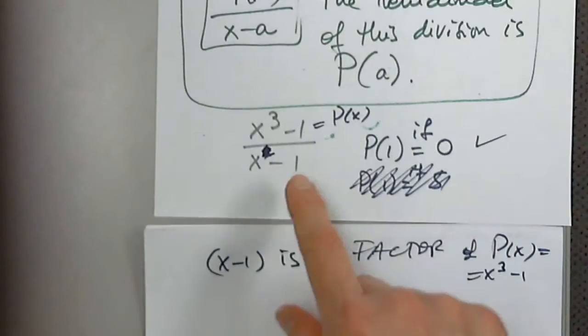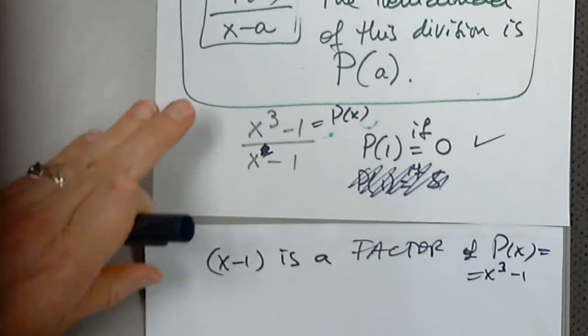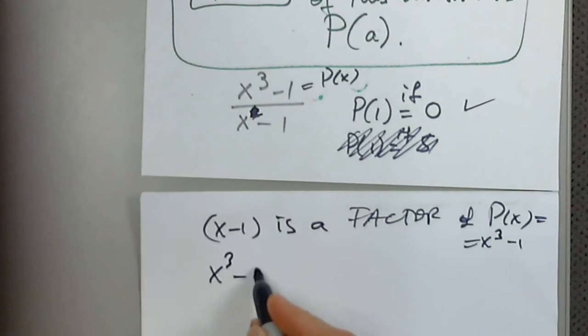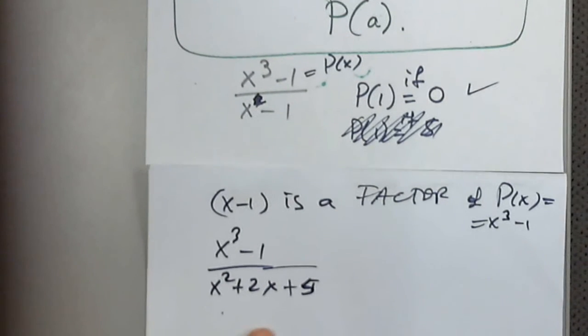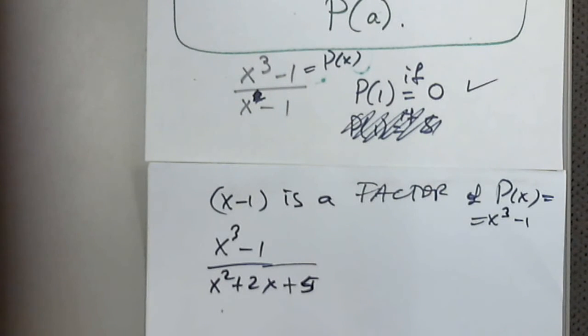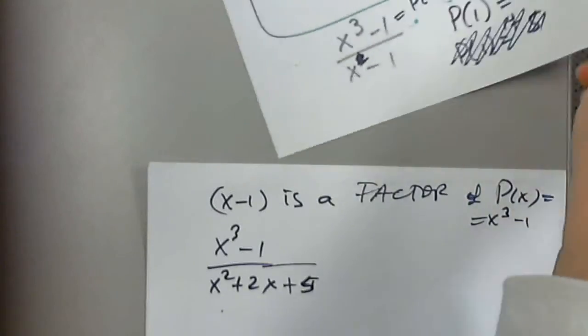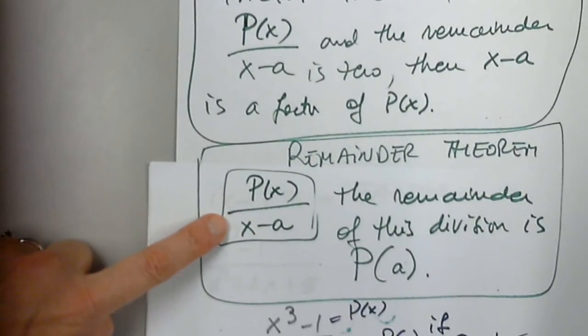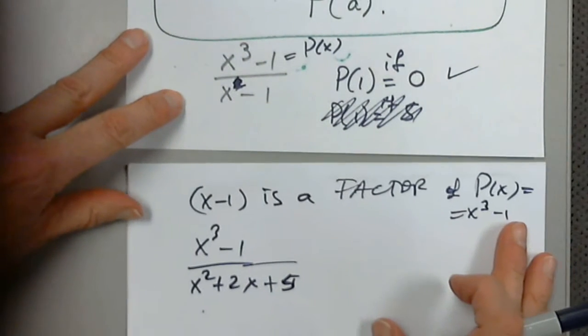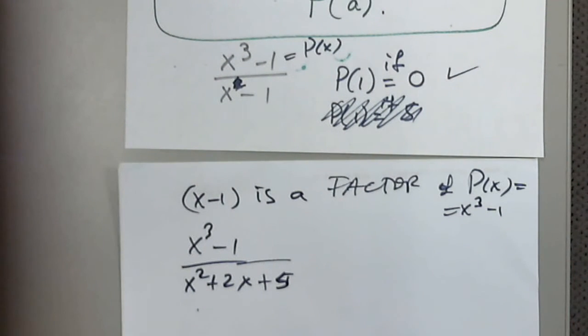If I cannot apply the synthetic division, like for example x cubed minus 1 over x squared plus 2x plus 5 or 4, here I cannot apply the synthetic division. Because I cannot apply the synthetic division, I cannot use the factor theorem and I cannot use the remainder theorem. So all these three are very closely connected: synthetic division, remainder theorem, and factor theorem.